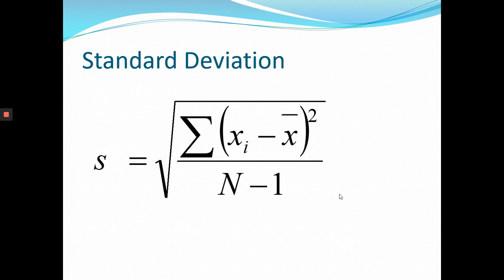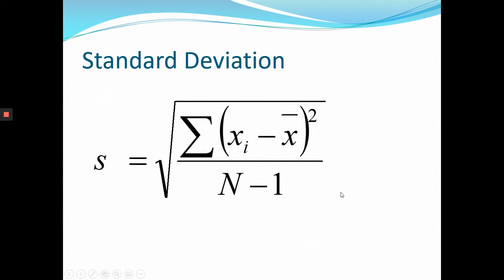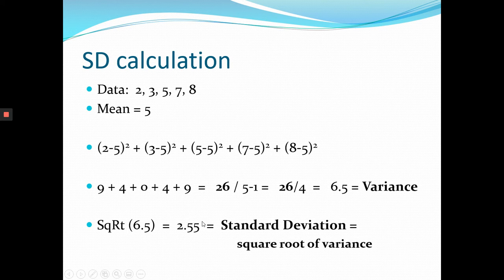That's the variance. Remember I told you that the inside part is the variance. So if you know the variance, take the square root, you'll get the standard deviation. If you know the standard deviation, square it, you'll get the variance. So 6.5 is the stuff inside, the variance, and all we have to do is take the square root.